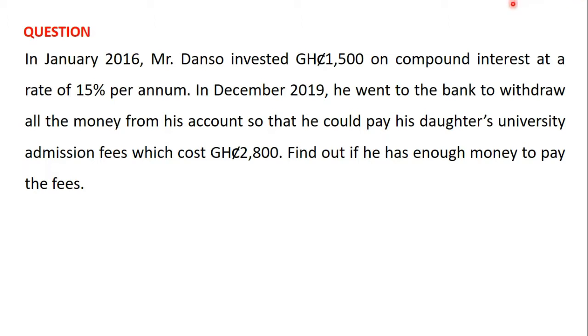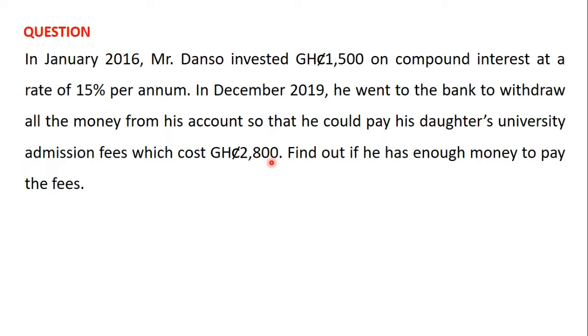So Mr. Danso invested 1,500 Ghana cedis on compound interest at a rate of 15% per annum in January 2016. Then, in December 2019, he went to the bank to withdraw all the money in his account so that he could pay his daughter's university admission fees, which cost 2,800 Ghana cedis. The question wants us to find out whether he has enough money to pay the fees.